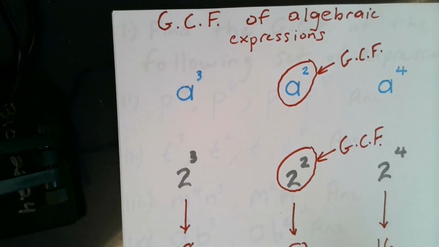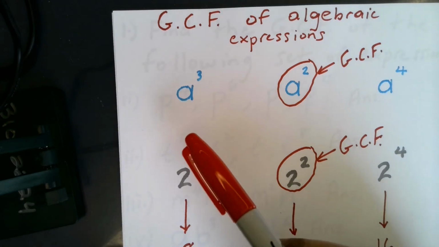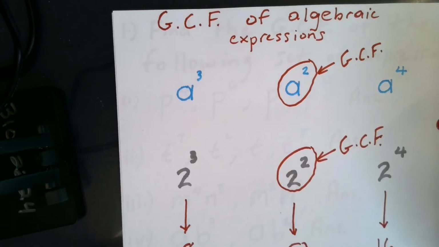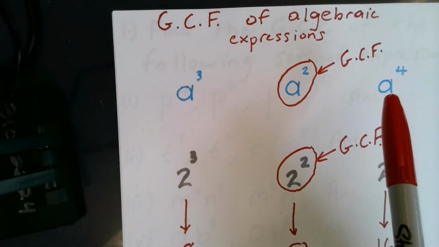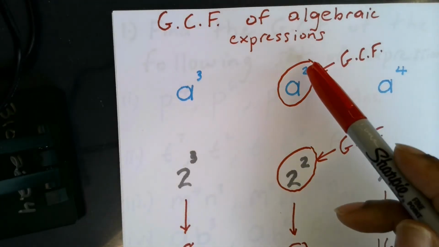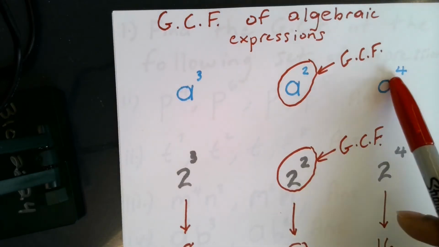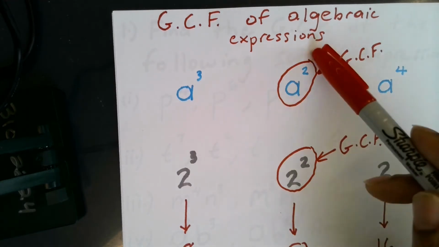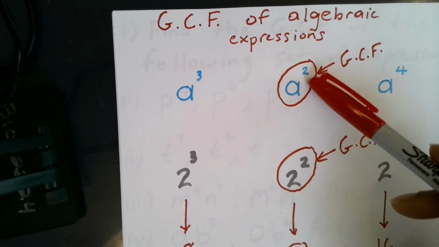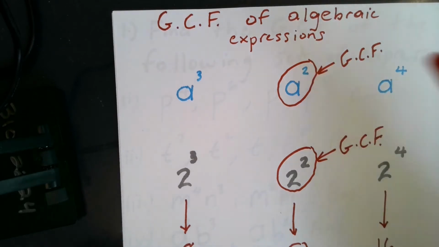Now, there is something I want you to pay attention to. When you look at the exponent of each expression, a squared is the expression that has the smallest exponent, which is 2.